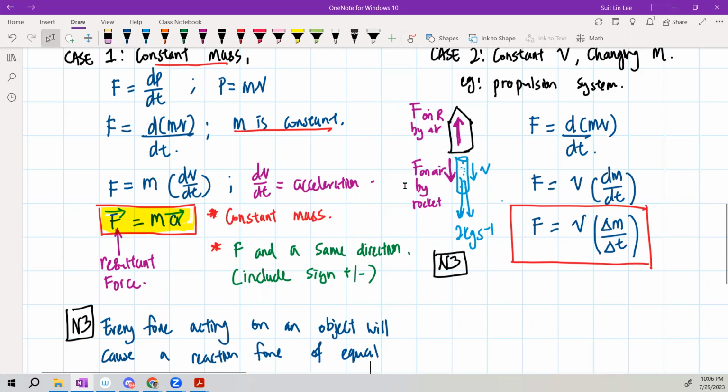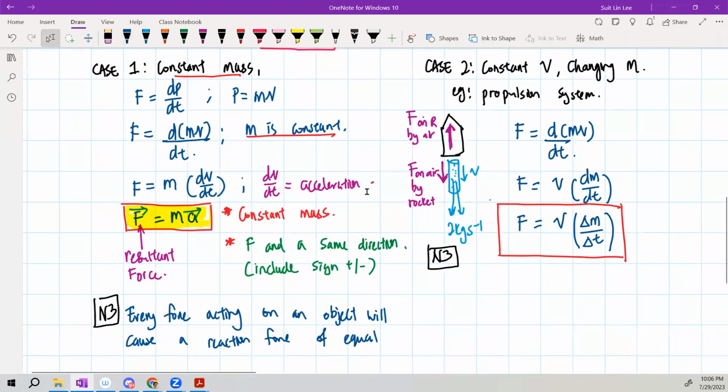So these two forces are the same numbers. If it's 100 Newton, then it's 100 Newton. We have also seen this just now in the paper 2 question that we did. And opposite direction.